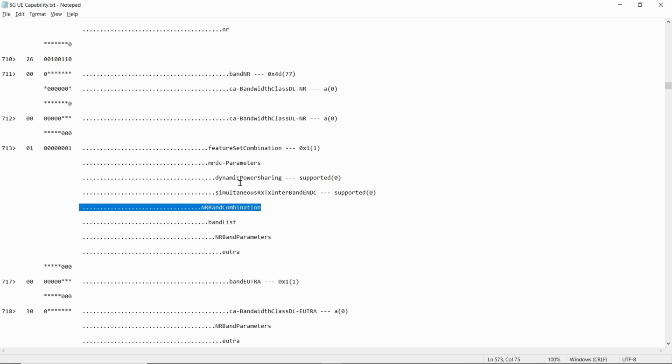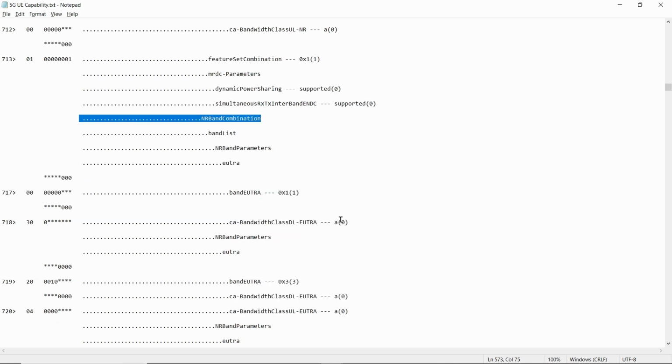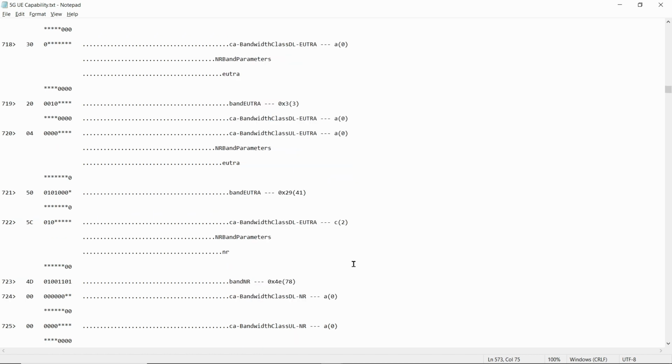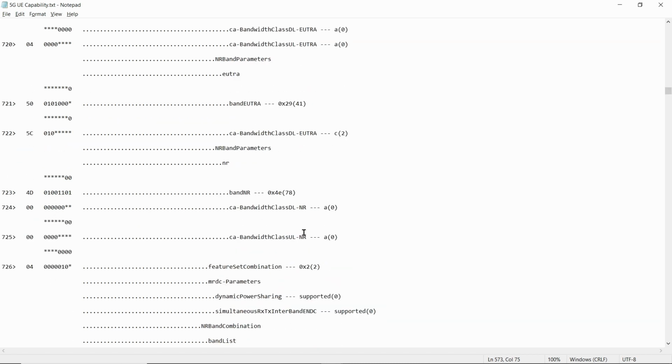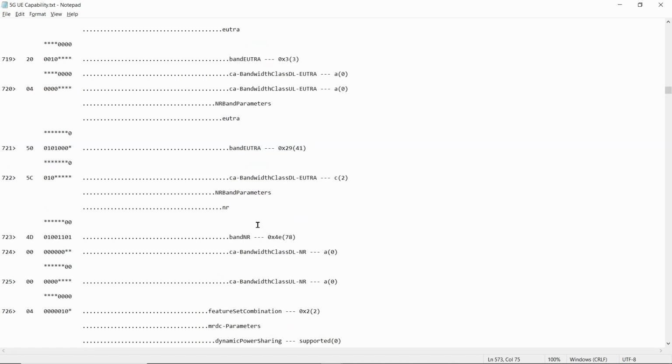This is again parameters split by NR band combination. Again, band 1A, 2100 plus 1800A plus 41C, same combination, but this time it's N78 instead of N77. So again, it means you have 4CC plus N78. Let's take one more example. NR band combination here, and so on.